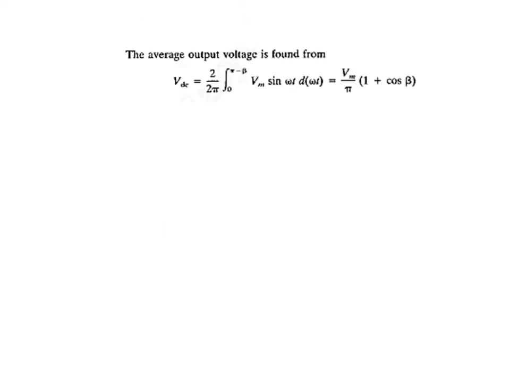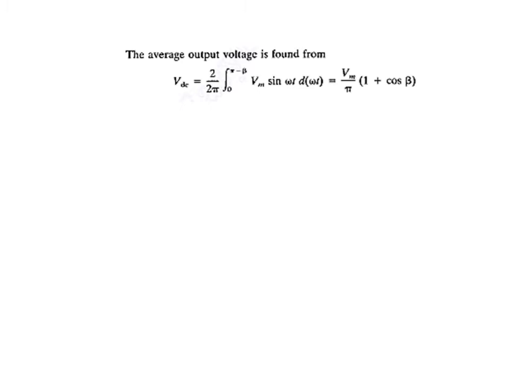The average output voltage can be found as VDC equal to 2 divided by 2 pi, integration 0 to pi minus beta, as the switch is turned on at 0 and switched off at pi minus beta. So integration 0 to pi minus beta of Vm sin omega t d omega t.